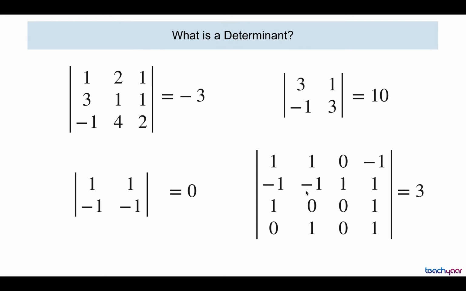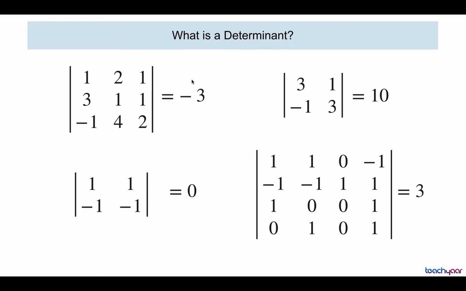So one important thing to note is that you can only compute determinants of square matrices. The third thing is we have taken this big matrix, for example, a 3 by 3 matrix, and converted it into one number. A 2 by 2 matrix into one number, a 4 by 4 matrix into one number, and you could have a 100 by 100 matrix, and if you compute the determinant, you end up with one number.